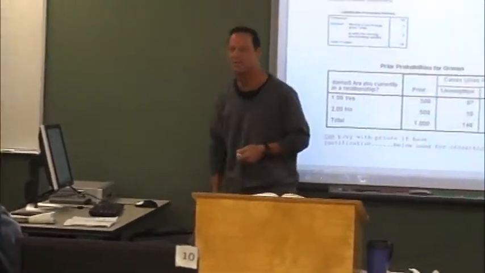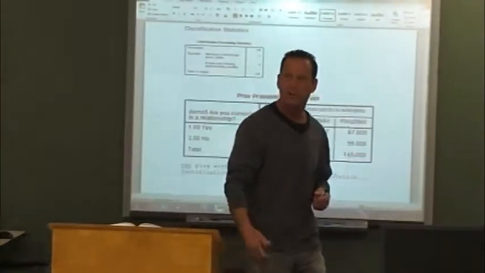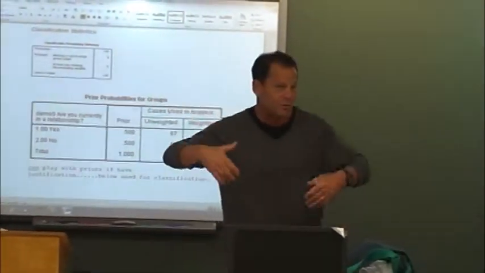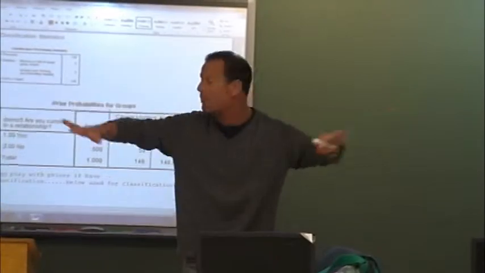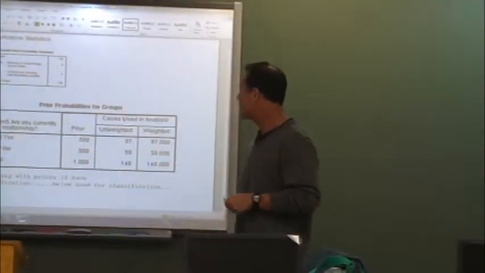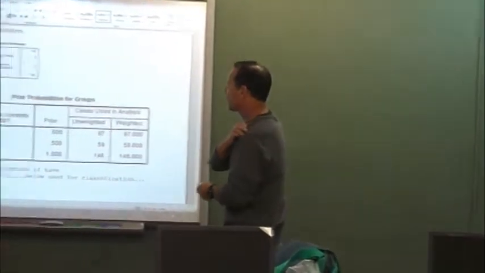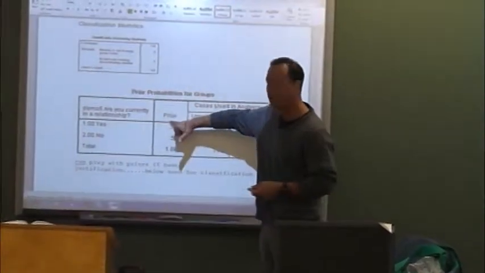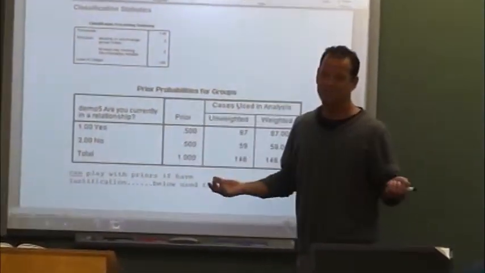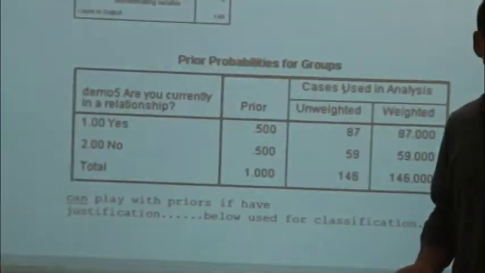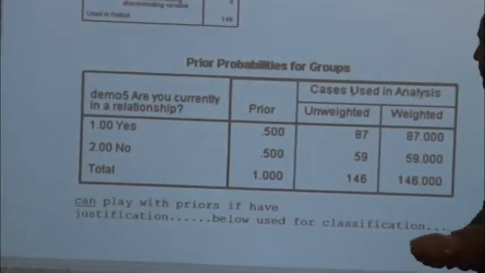here's your classification statistics. Here's the second major purpose. So one you got for descriptive, just to see which variables do the best job of separation, and then you get a classification table. Do you see the thing called prior? Just because we have no information, we figure each person has a 50-50 chance of being in a relationship.